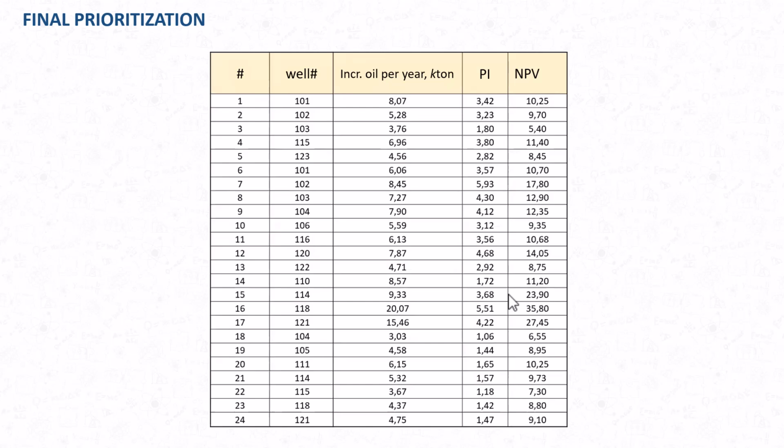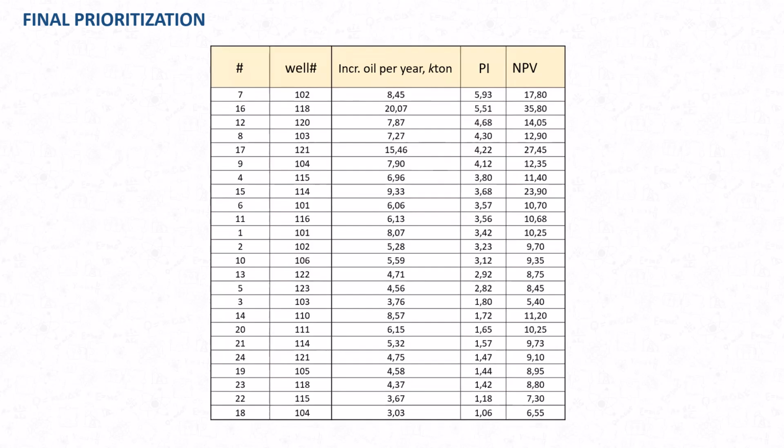So when we need to prioritize, we prioritize by profitability index, which is also calculated during the economical assessment of the activity. So the profitability index is actually 1 plus NPV divided by the investment. And that is a profitability. And now if I prioritize by the profitability, I will get myself a table.